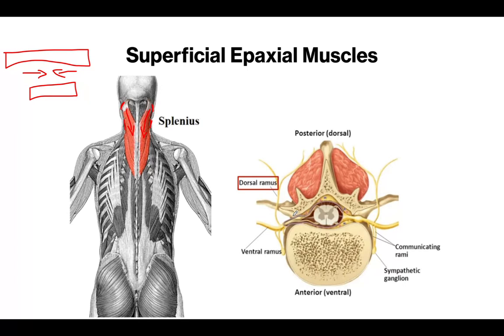Cervical and thoracic makes sense, because it was originating on the thoracic vertebrae, on those spinous processes, and then inserting up on the cervical.